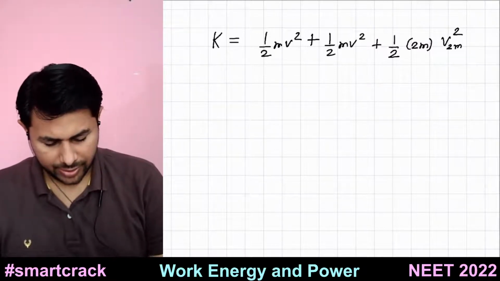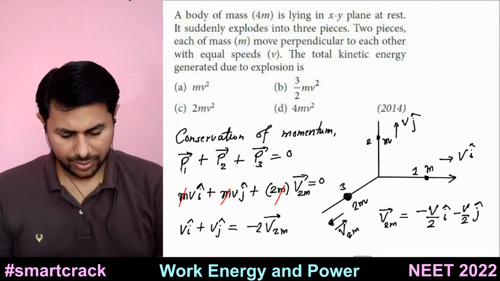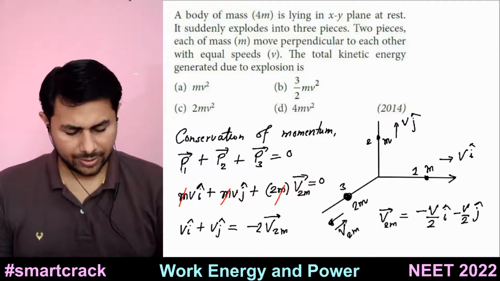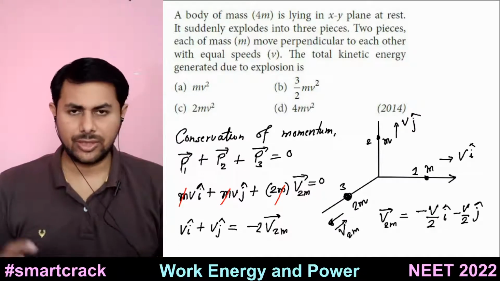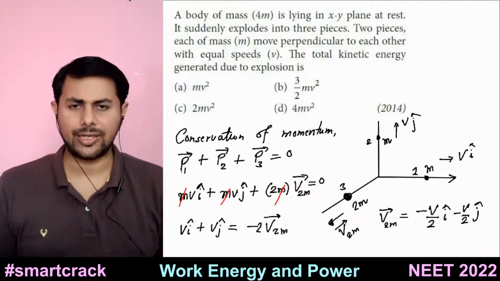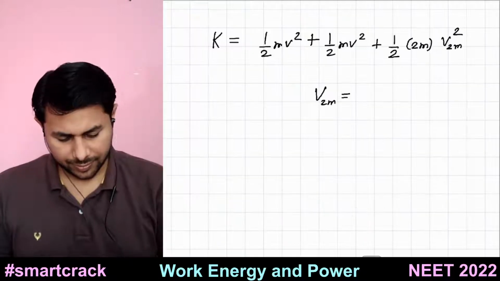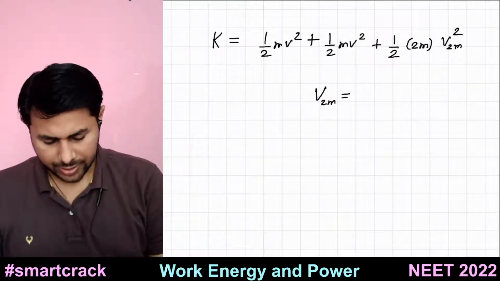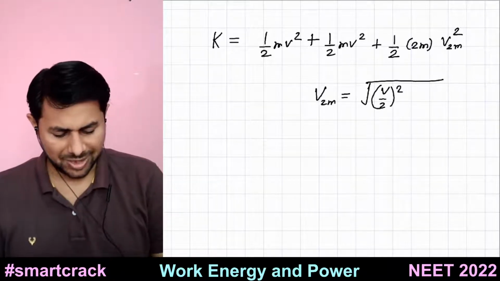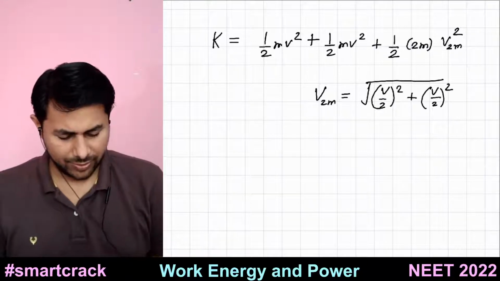It is the speed of the third body and it is the magnitude of this v2m bar. So let's find it out. The magnitude v2m will be the square root of v by 2 square plus v by 2 square, vx square plus vy square. So v2m is the square root of v by 2 square plus v by 2 square, it's one and the same thing.